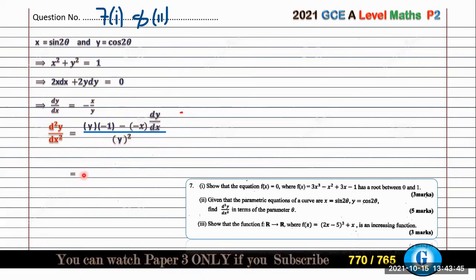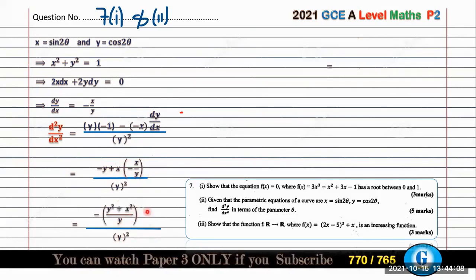So this gives us minus y plus x. We can now replace this dy/dx here by minus x on y. That's what we have here, all that on y squared. And this will give us minus, we simplify the numerator, y squared plus x squared on y, all that on the denominator.